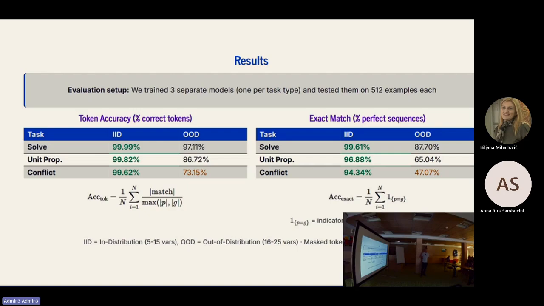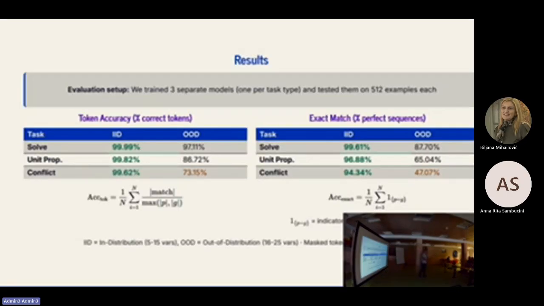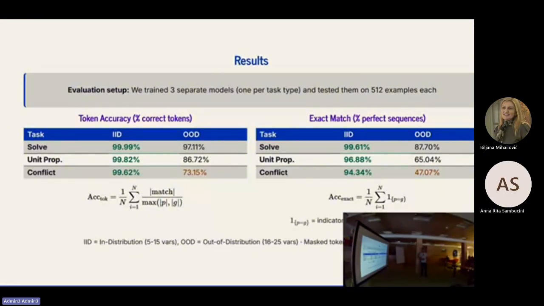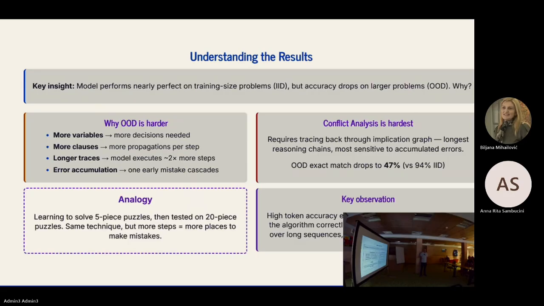In distribution, the result is quite good, but there is a little problem with out-of-distribution data. This is because the clauses are very large. The main problem is only the out-of-distribution data.